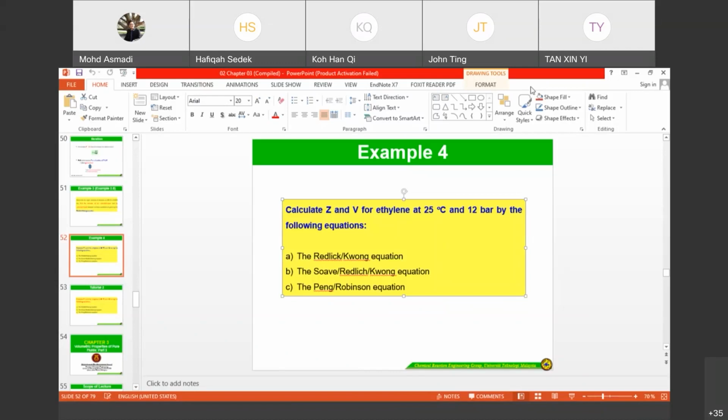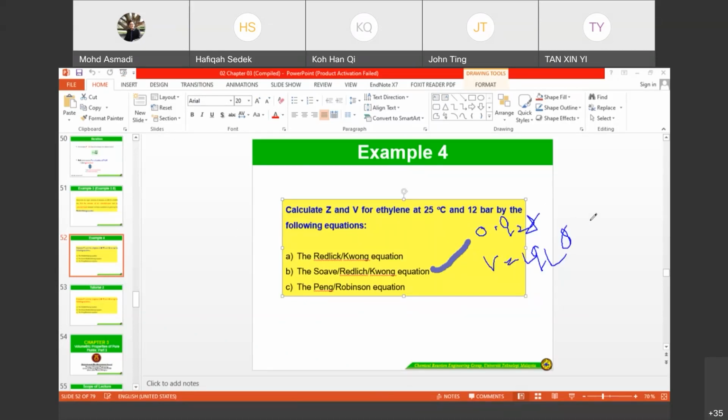Okay, so for B, if you do the calculations, Z is equal to 0.928 and V equal to 1918.